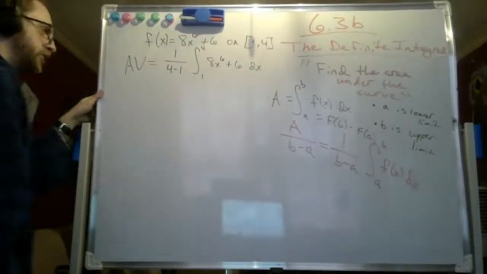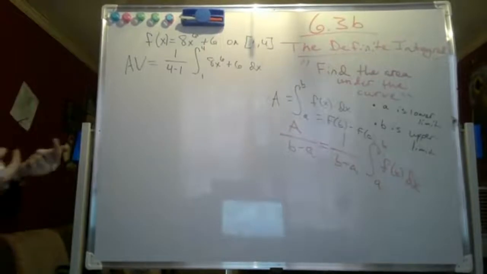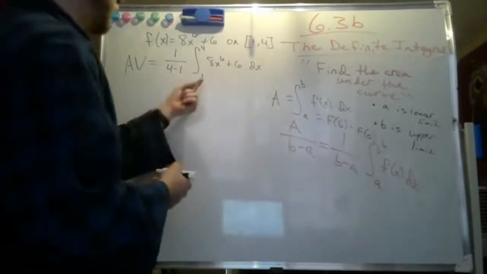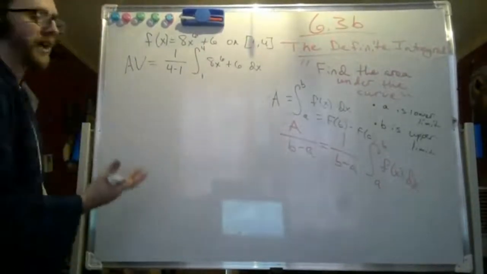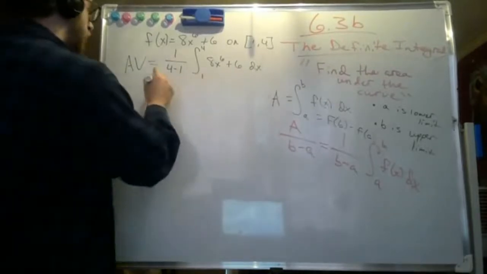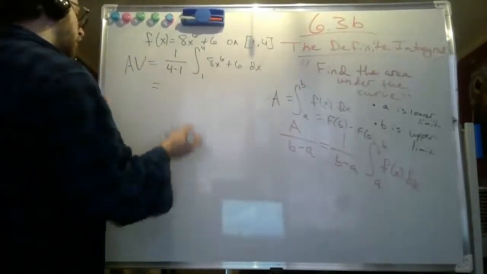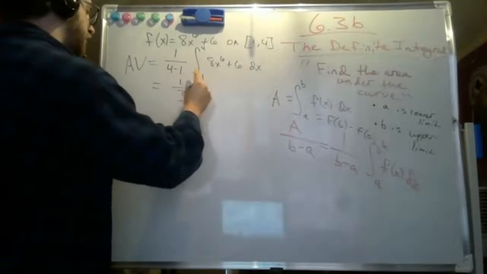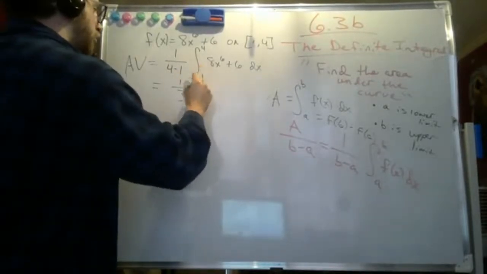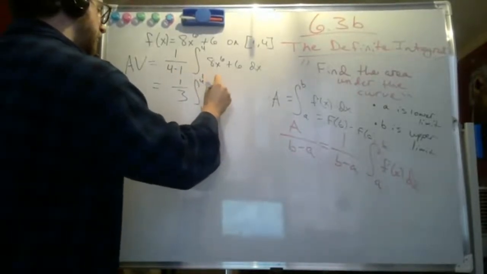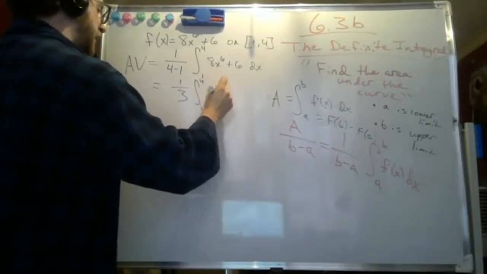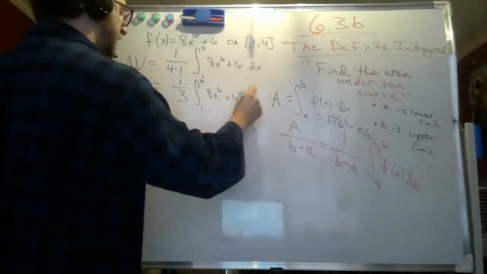And now all we do is just plug and chug, solve the integral the same way we always would, except now we'll plug in bounds once we have our antiderivative. So here we go. 4 minus 1, that'll give us a third on the outside. We're integrating from 1 to 4, and then we still have 8x to the 6 plus 6 dx on the inside.